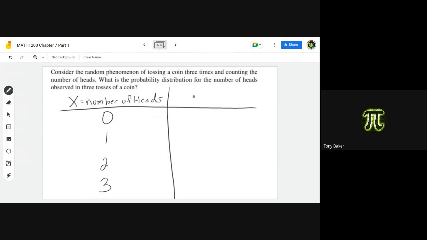Or no head, sorry. One out of 8. What's the probability of getting 1 head? 2 heads. 3 heads.